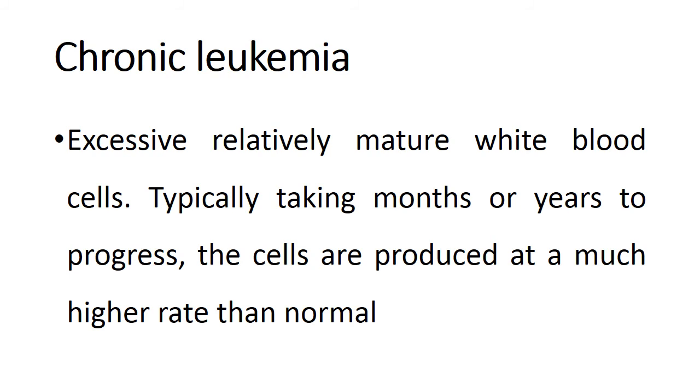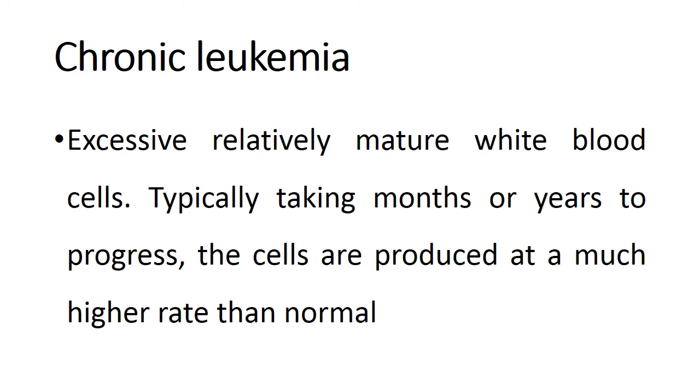Chronic leukemia means a chronic progressive increase in the number of blood cells. Relatively mature white blood cells will increase in number, and there must be infiltration of the peripheral blood in most types of chronic leukemia.